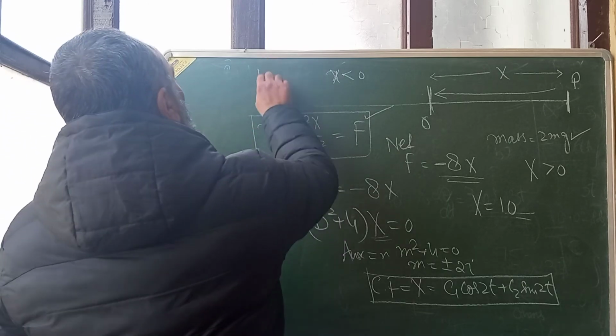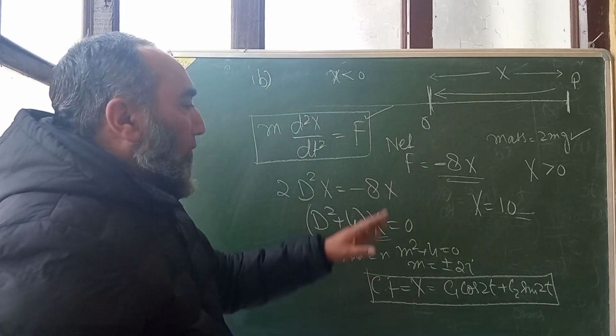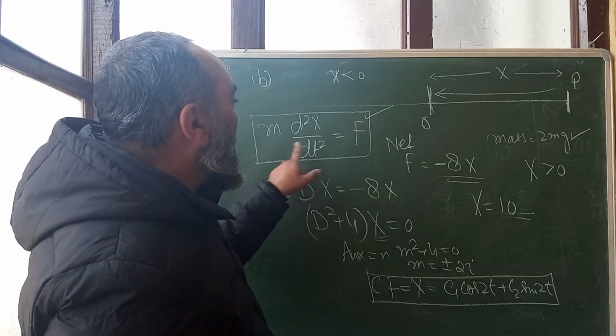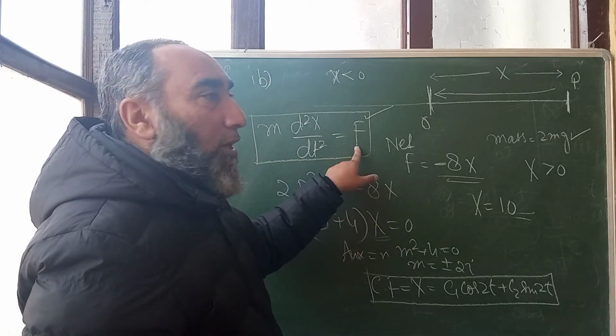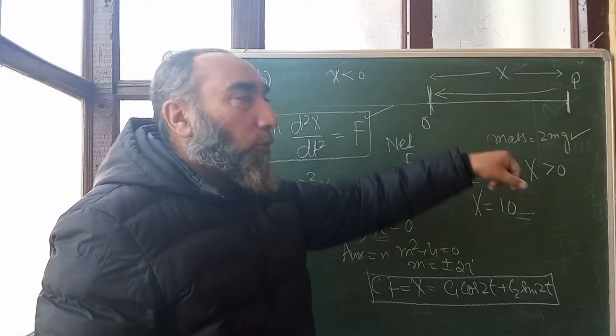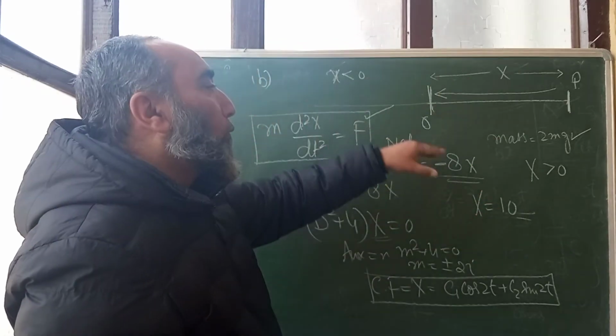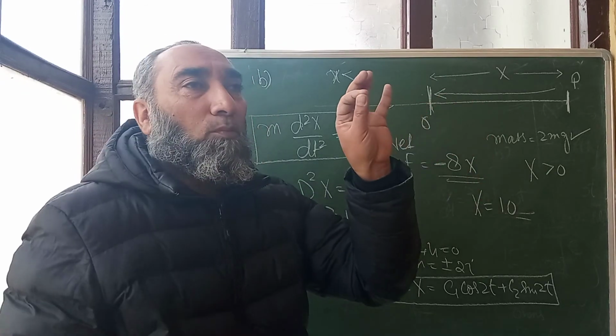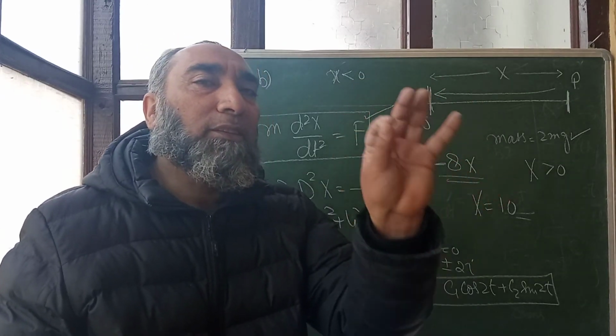Now, for case B, for the previous case no other force acted. You have mass into acceleration is equal to net force. Now, let me suppose that there is a damping force. There is one more force acting on this particle, which is 8 times the instantaneous velocity.